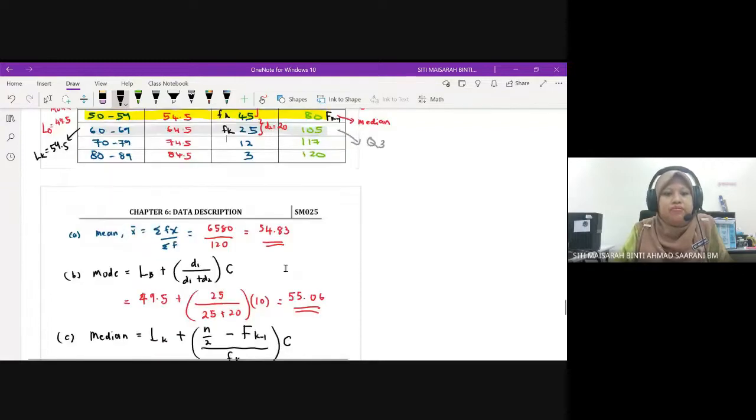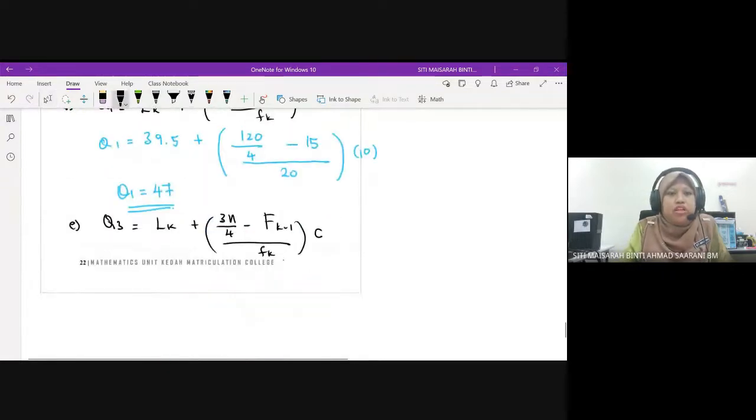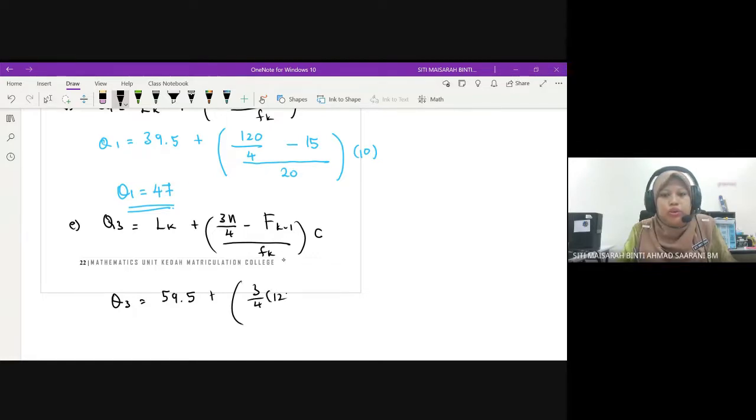So then Q3 is equal to LK, which is 59.5, plus 3/4 times 120, which equals 90, minus 80, divided by the FK here, 25, multiplied by 10.